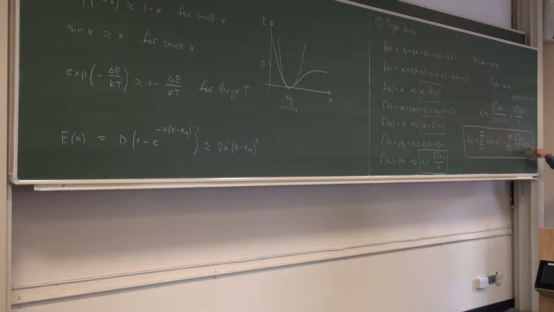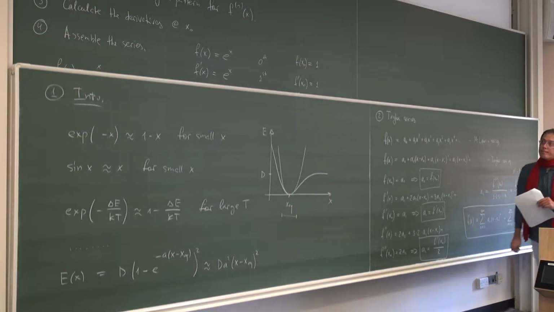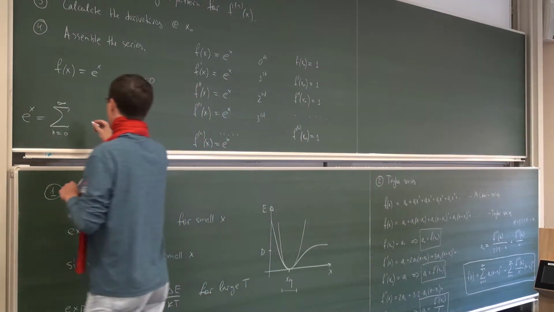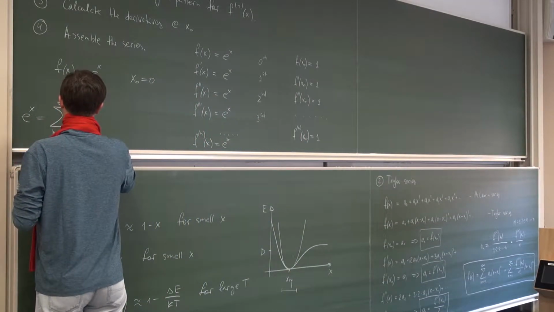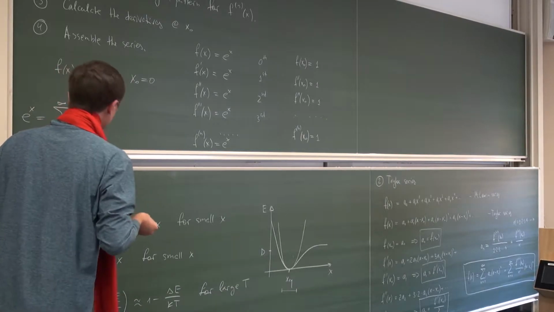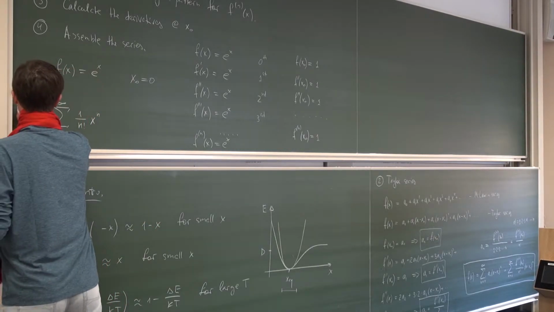The reference point is 0, so the x naught disappears, so we have 1 over n factorial x to the power n. And this is the Taylor series for the exponential.